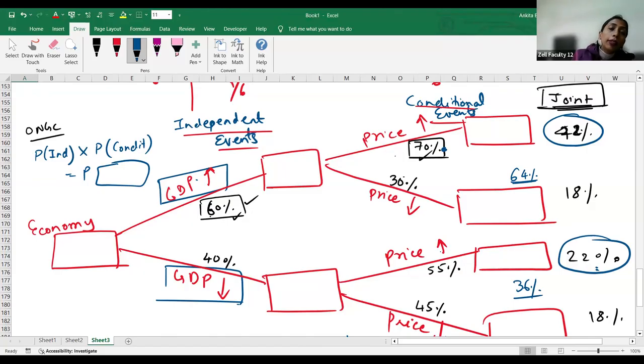Then what is the probability that GDP has increased? Listen to my question very carefully. I'm telling you that the price has increased. Tell me the probability that GDP has increased.